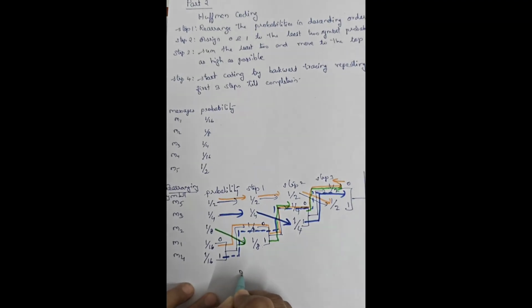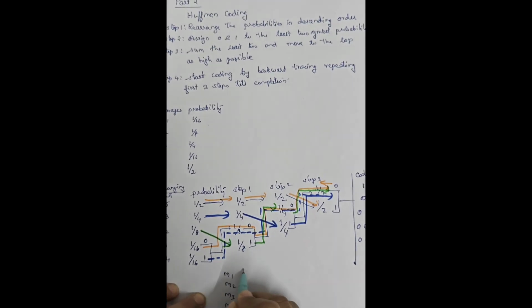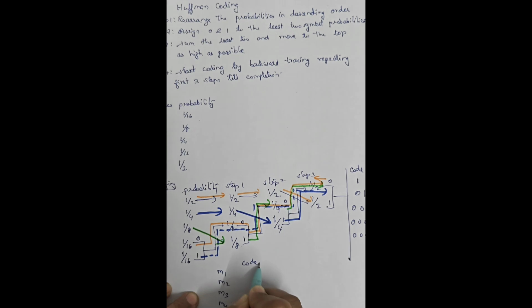So let us see the efficiency, code word length as well as the symbol. Let us see the messages. We'll write like this: M1, M2, M3, M4, M5. Now the codes we'll write separately, rearranging.